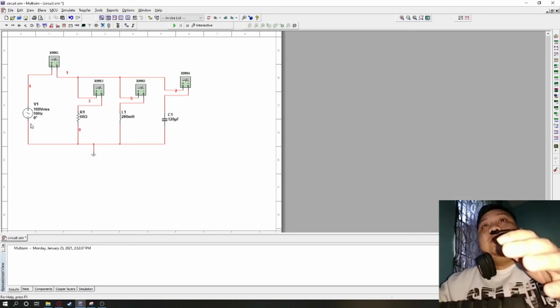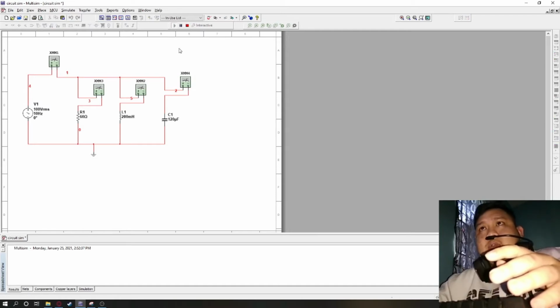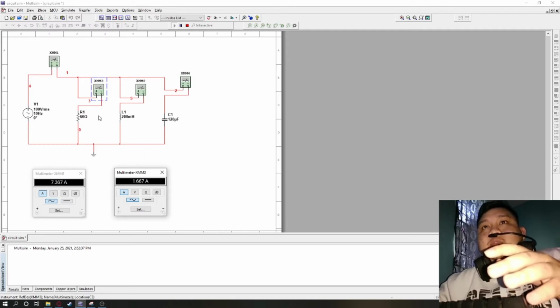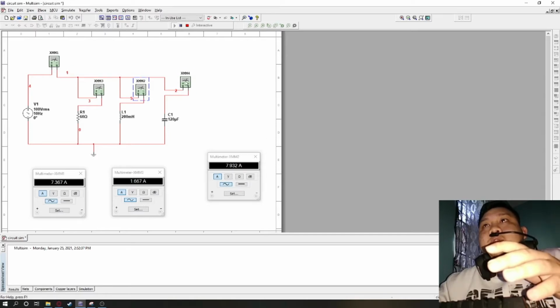As you can see, the input is 100 volts VRMS and the frequency is 10 Hz. So now I will run the simulation. Click all the multimeters. This is the I total, the IR1, the IL1, the IC1.